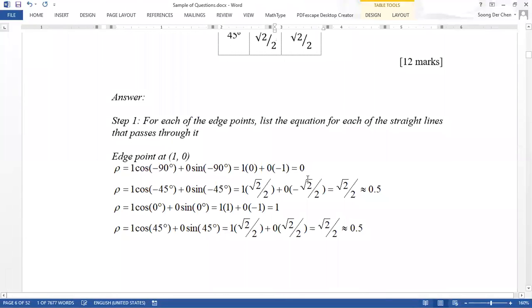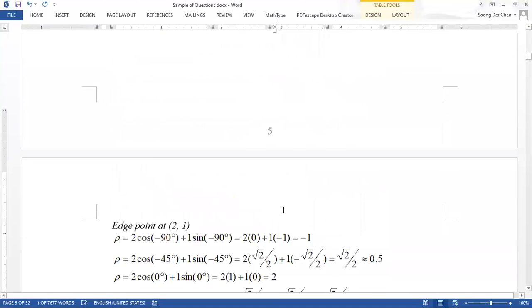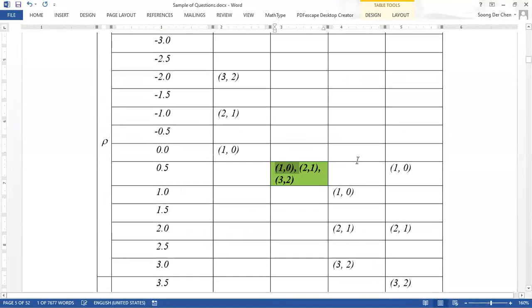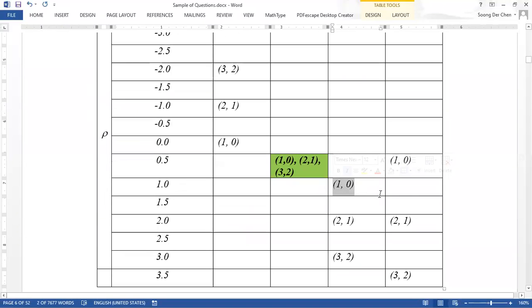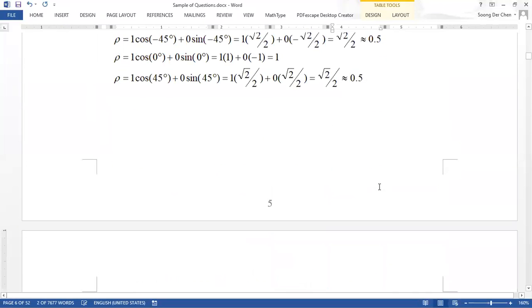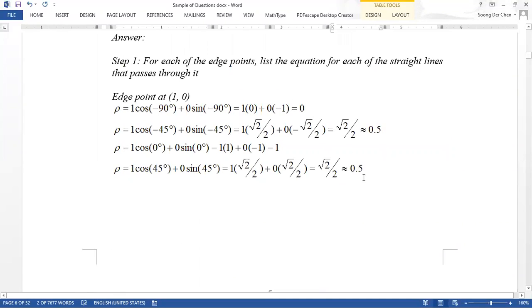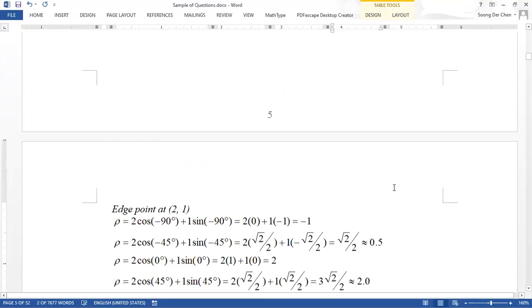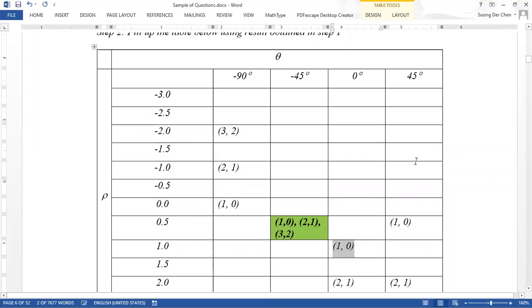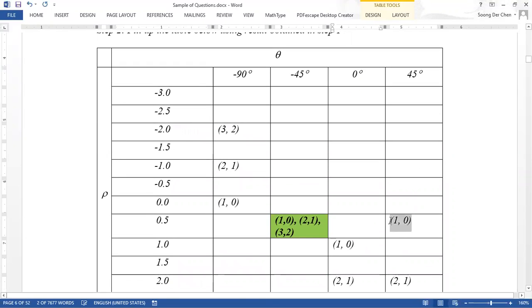And then 0 degree, 1. Pass through point 1, 0. And last but not least, 45 degree, 0.5. Pass through point 1, 0. So you get something like this.